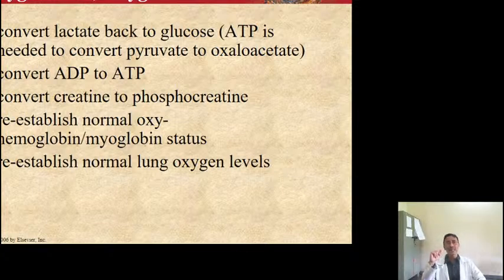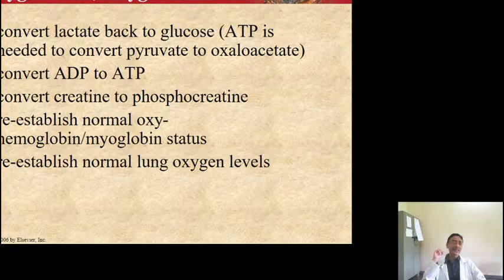So the first thing is that extra oxygen is needed to convert the accumulated lactic acid back into glucose. There ATP is needed to convert this pyruvate to oxaloacetate and later on back to glucose. So one reaction where oxygen is needed and is covered by oxygen debt after the exercise is to reconvert the lactate back into glucose.